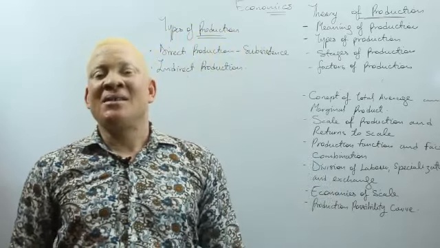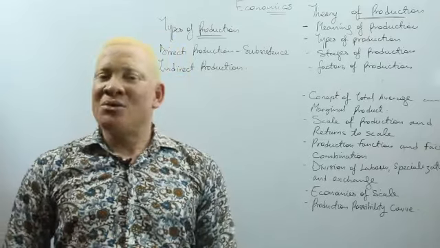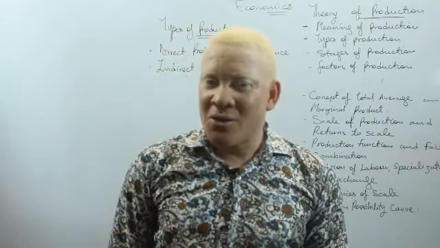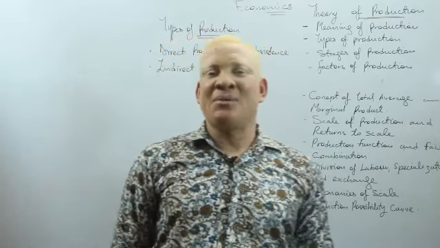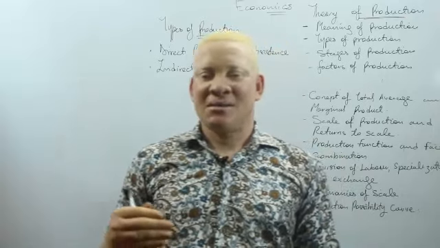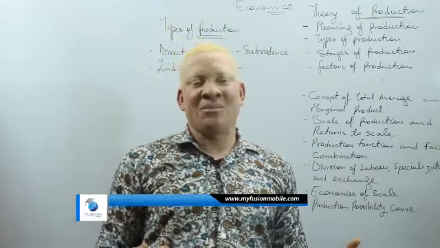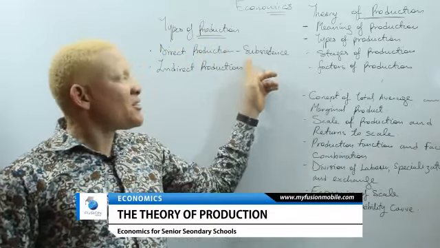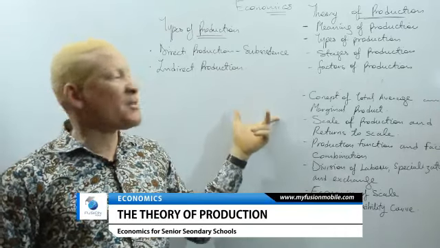That means it is a type of production where the producer produces for his own consumption and not for income generation. In other words, the producer in direct production is the consumer. So the consumer and the producer are the same. And that is why it's referred to as subsistence production. Direct production is the same as subsistence production.